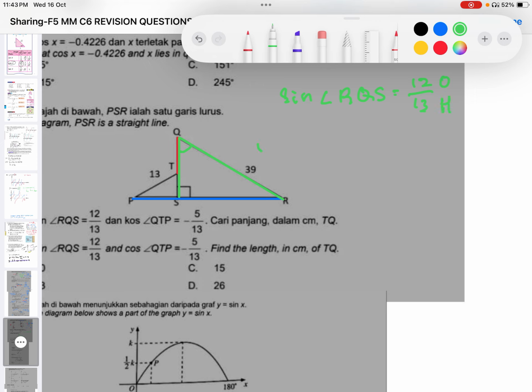So the hypotenuse is 13 and the opposite is going to be 12. So kat sini dia just main dengan ratio, so 39/13 kita akan dapat 3. Okay, so dekat sini kita just darab je 12 dengan darab 3, kita akan dapat 36. Ini adalah SR is going to be equals to 36. Okay, next.